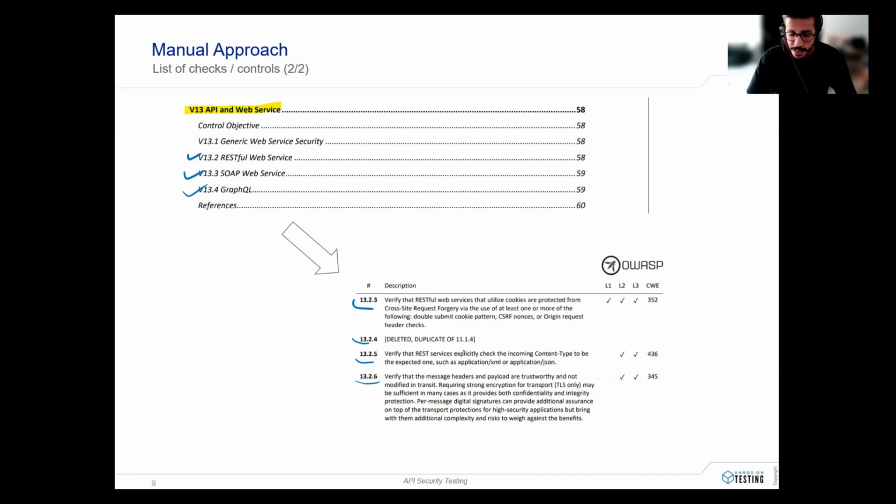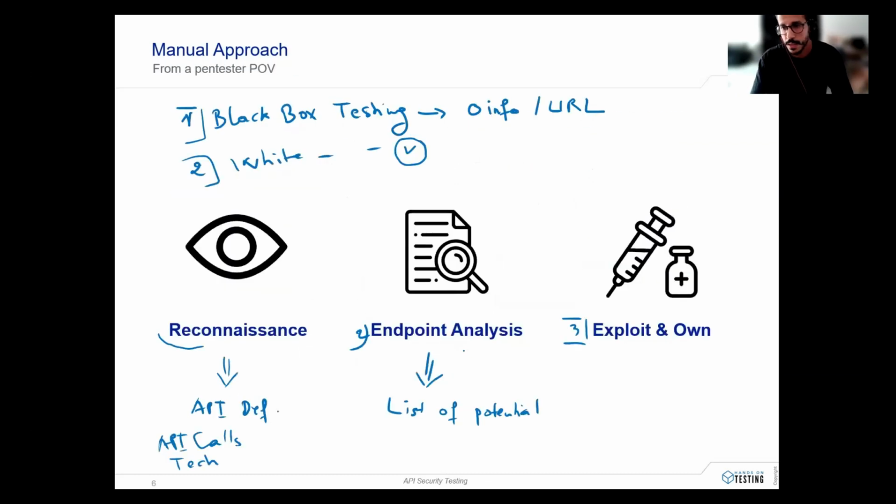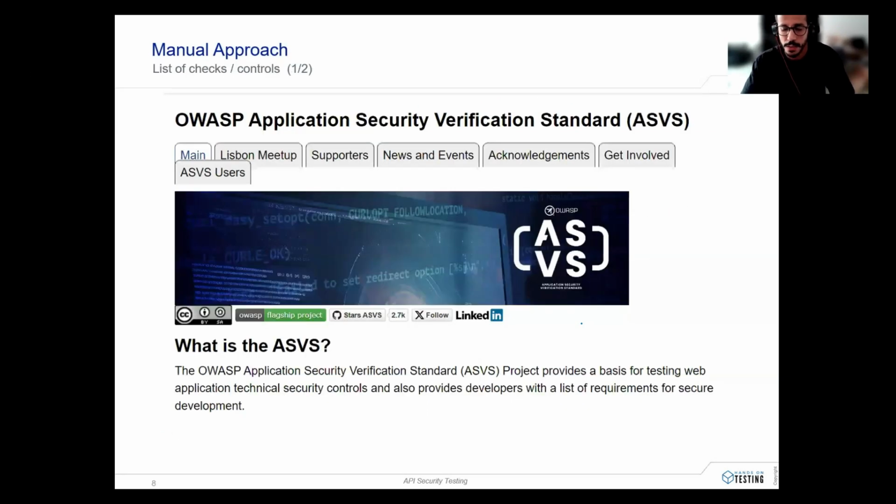Okay, so using this resource, I can make sure that during the endpoint analysis, which is a crucial step, I have gone through all the necessary checks and then exploit them during the last step. Okay, so this is basically the general approach and also the list of controls, or let's say requirements, that we need to validate in our API from a security perspective.